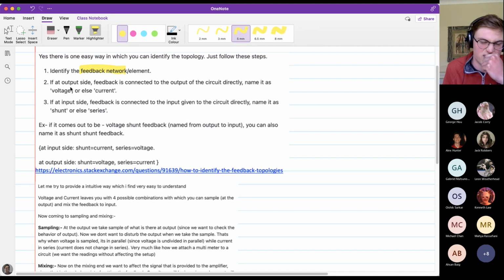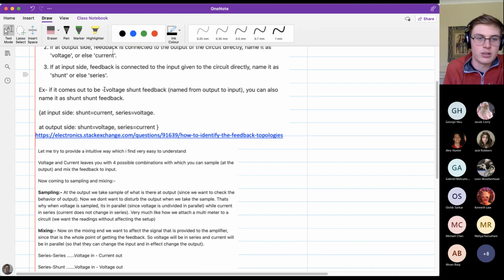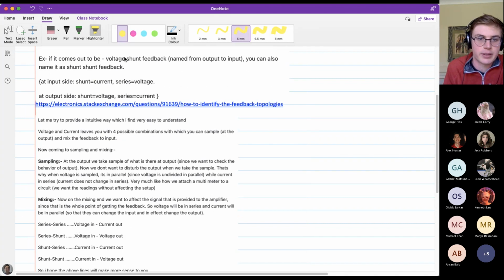They use a different terminology here, but essentially voltage is shunt and current is series. And then at the input side, if it's connected directly to the input and the feedback, then it's called shunt, else it's series. And you also name it output then input. So shunt series is output is shunt, input is series.